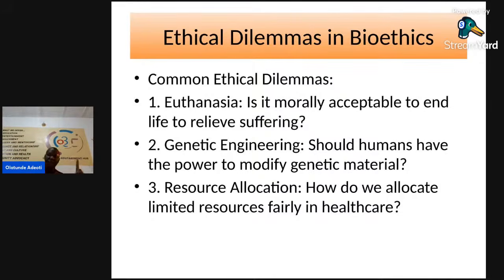Number one of the common ethical dilemmas is the theory or the belief called euthanasia. What do we mean by euthanasia? Is it morally acceptable to end life to relieve suffering?